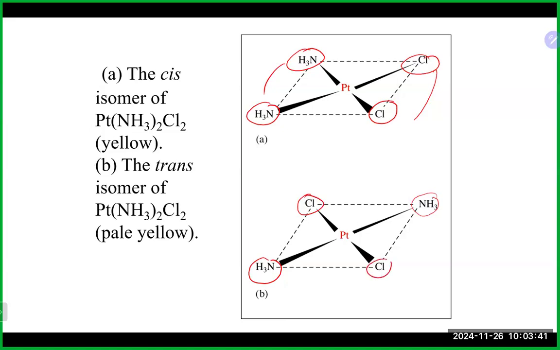And also our chlorides are on opposite sides of the square, and that gives it trans. This also, because of the arrangement and where they're attached, will give the cis and the trans different properties as well. They won't be identical. As you can even see with the color description, one is really yellow and then one's more like a pale yellow because of the arrangement of those ligands.